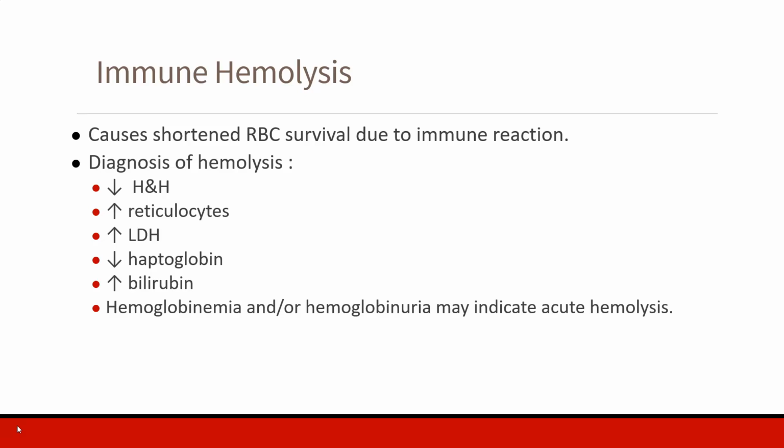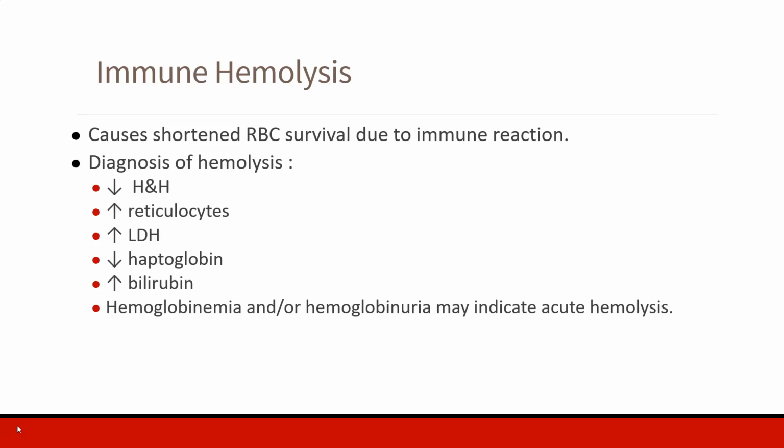Lactate dehydrogenase in the cells is going to be released, going to cause a high value. Decreased haptoglobin. Haptoglobin is a protein that binds hemoglobin, and when there is hemolysis, the haptoglobin levels will go down.